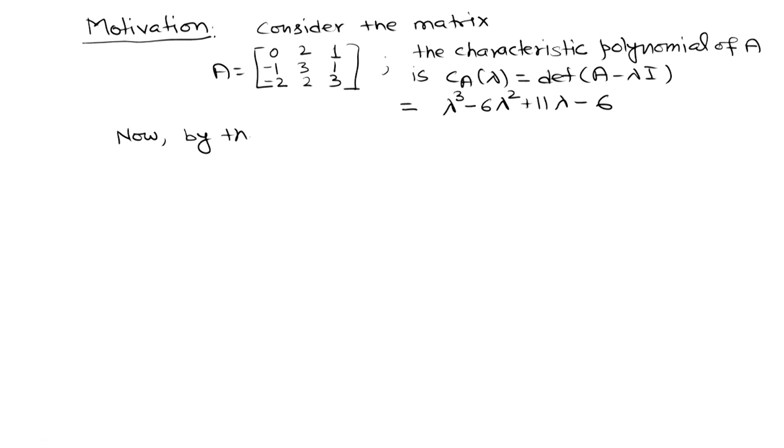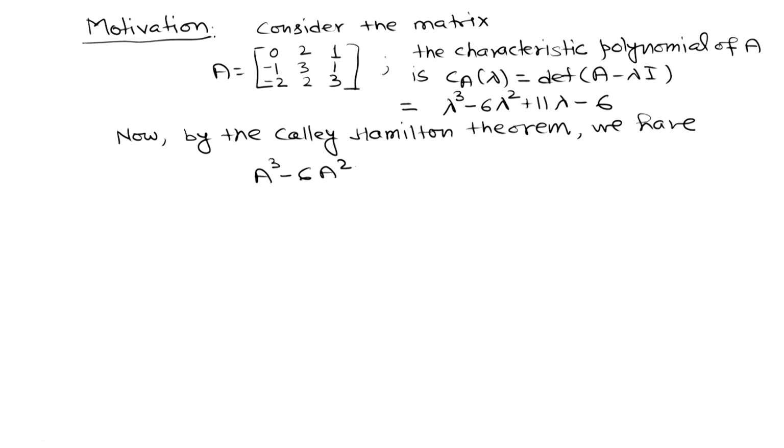Now, by the Cayley-Hamilton theorem, which tells us that every matrix satisfies its characteristic equation, I can write A cubed minus 6 A squared plus 11 A minus 6 I equals 0, where I is the identity matrix of order 3 by 3 in this case, and 0 is the null matrix of size 3 by 3.